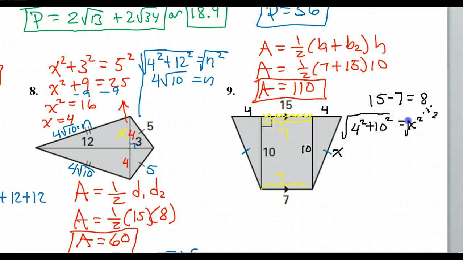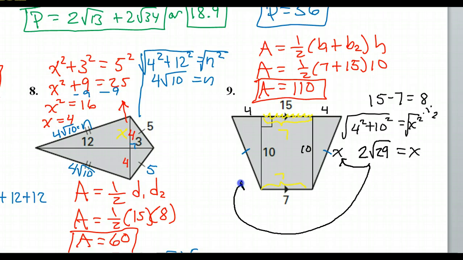If I take the square root of both sides right now, I get 2 radical 29. So that's going to be this side, but if we're assuming it's isosceles, it's also going to be this side. So 2 radical 29. So now I can find the perimeter if I want.